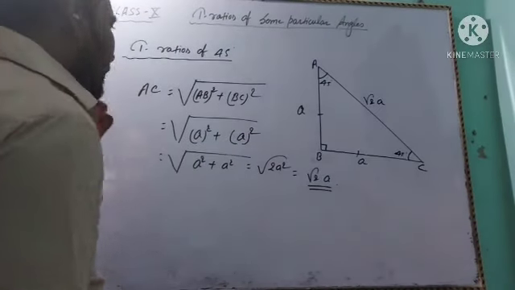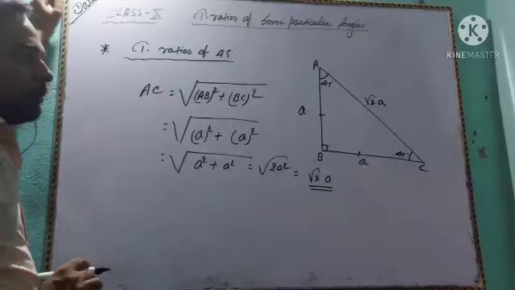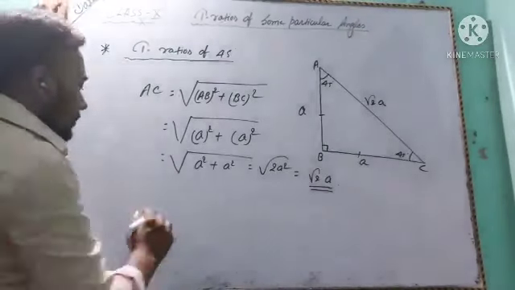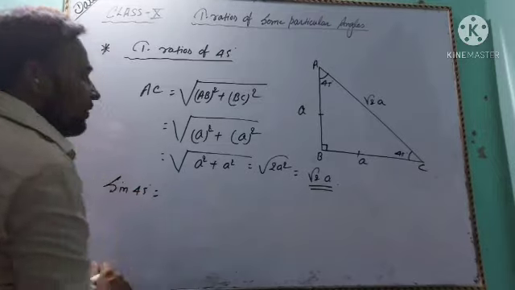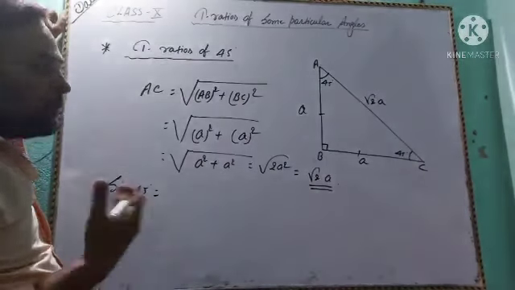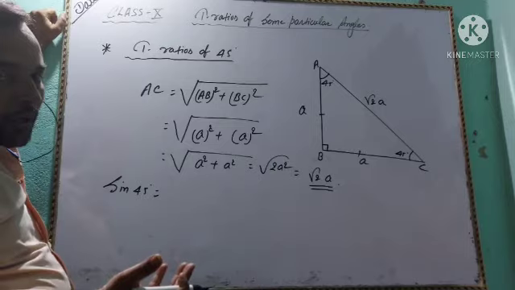Okay, so we find the six trigonometric ratios of the 45 degree. First, find sin 45 degree. Sin theta is perpendicular by hypotenuse.